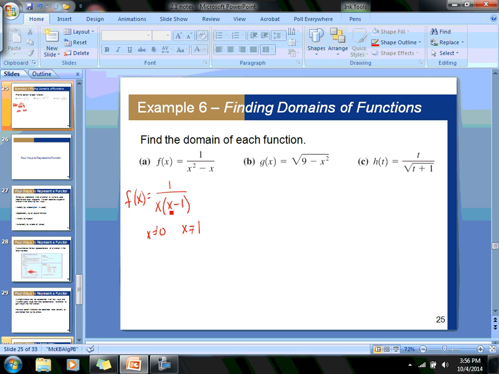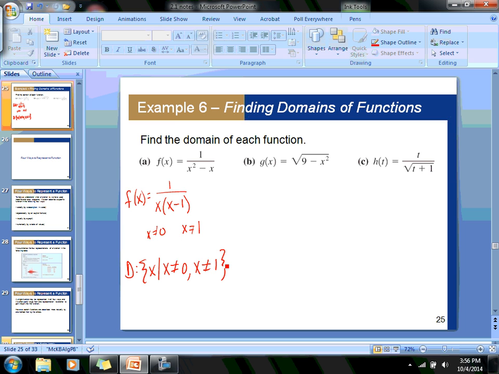Or if x is 1, that'll make my whole denominator 0. And I can't divide 1 by 0. So my domain is going to be all of the x's such that x is not equal to 0 and x is not equal to 1. So you can write it in set notation like that.